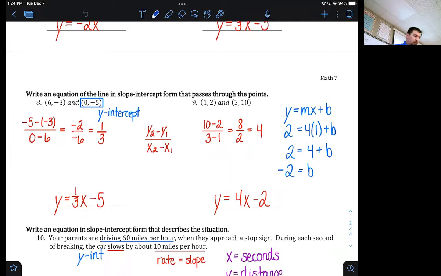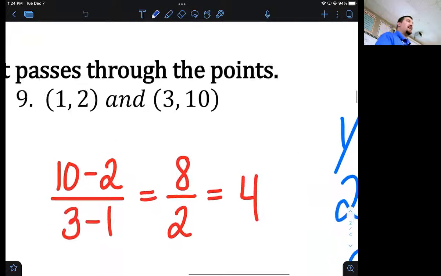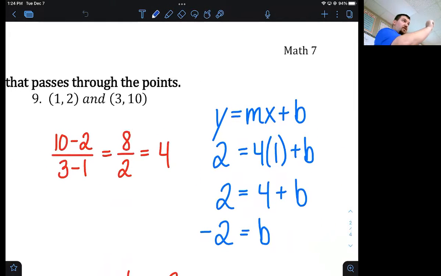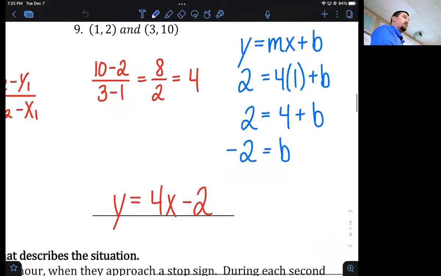I've asked you to take 2 points, find their slope, and then write the slope-intercept equation, except you didn't know point-slope form at the time. So what you did is you wrote the slope-intercept equation, plugged in for m, x, and y, solved for b because we have to know the y-intercept, and then you rewrote it.